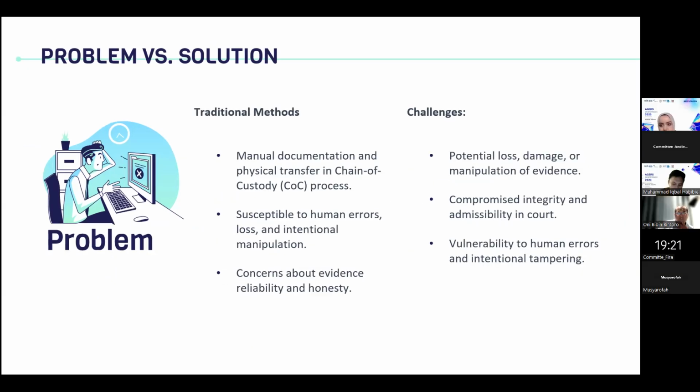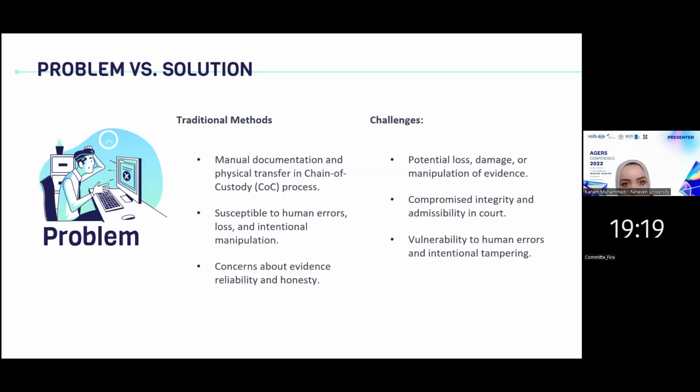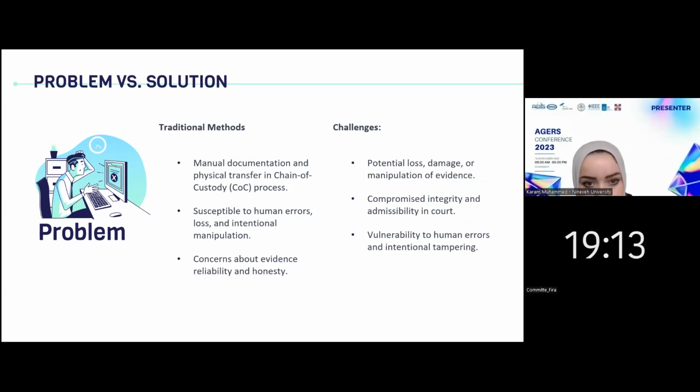It's manual documentation and physical transfer in the chain of custody process, susceptible to human errors, loss, and intentional manipulation, raising concerns about evidence reliability and honesty. So the challenge is potential loss, damage, or manipulation of evidence. In addition, it compromises integrity and admissibility in court, and creates vulnerability to human errors and intentional tampering.